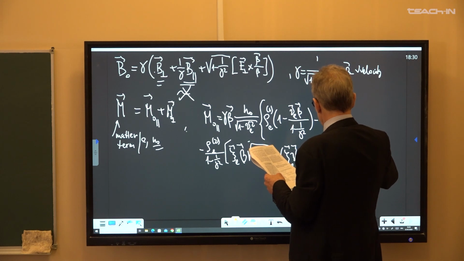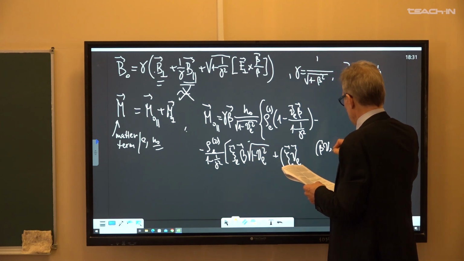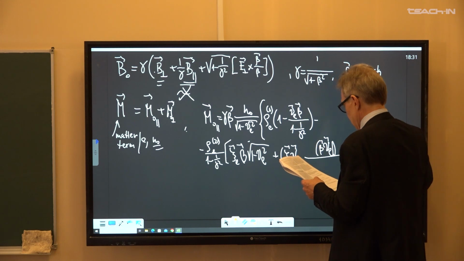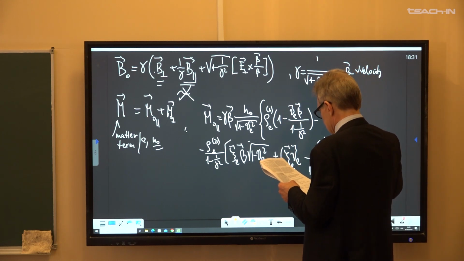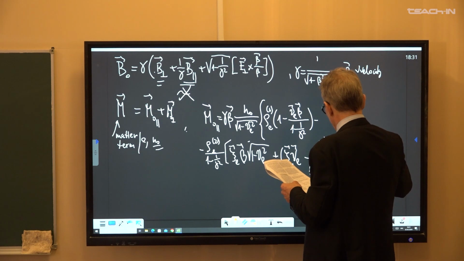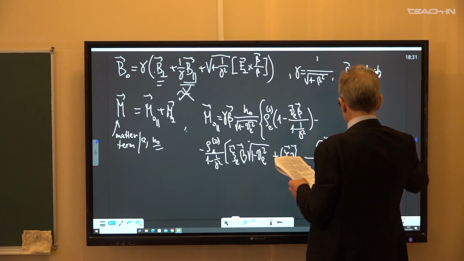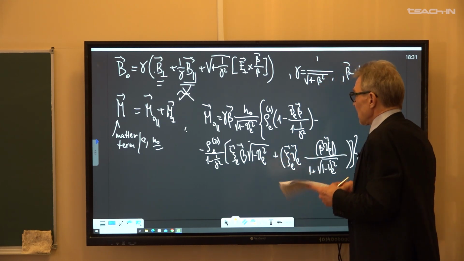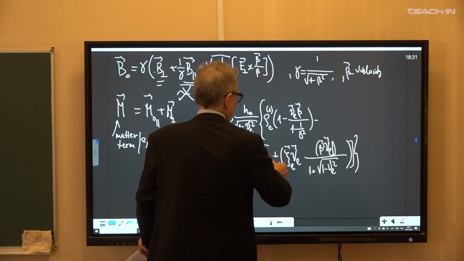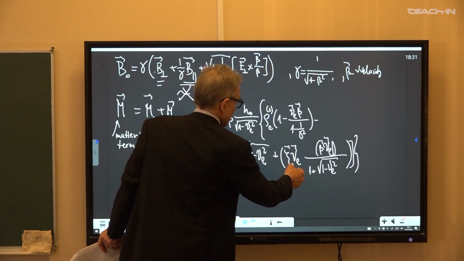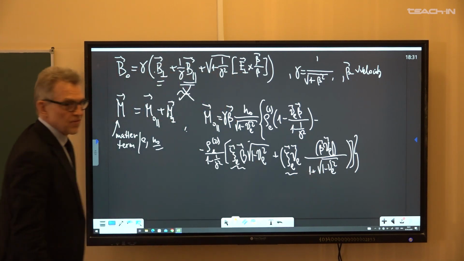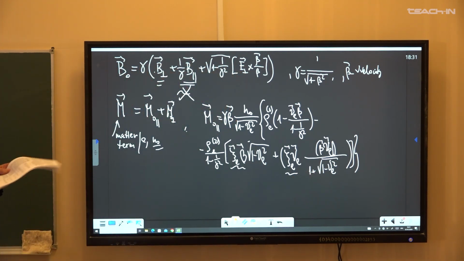This combination, the speed of the neutrino multiplied by the speed of matter, divided by 1 plus the square root of 1 minus the speed of matter squared. We close this, and also we close this. I just put it for completeness, but these terms are not of interest for us because, for simplicity, let's not account for the effect of polarization of the media.